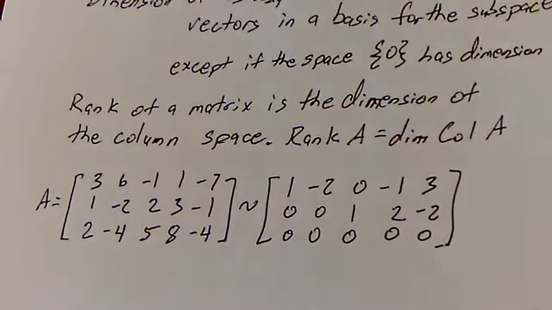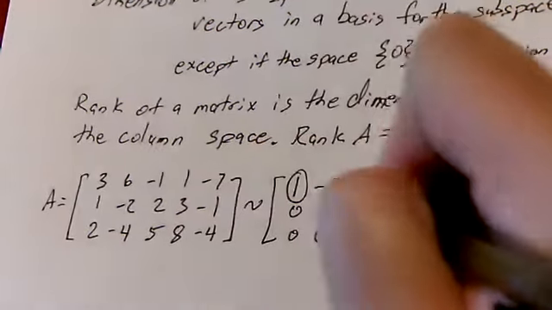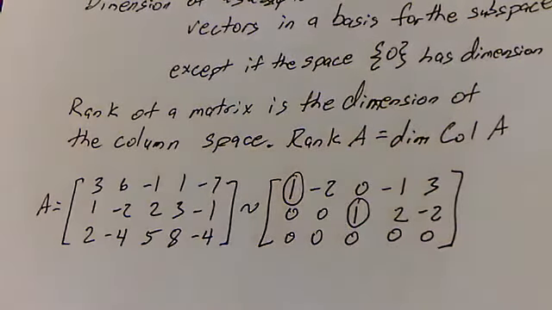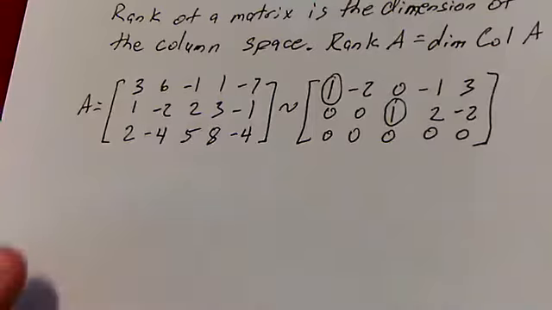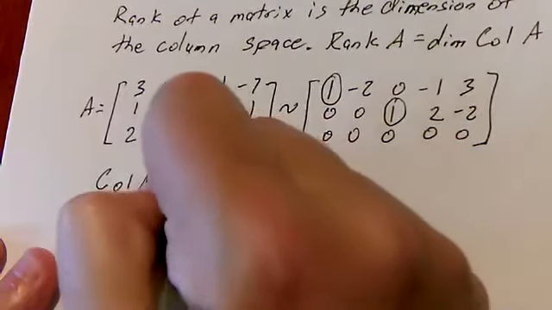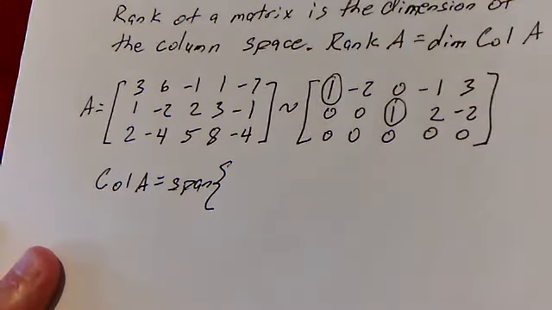So I have this matrix and its reduced form. Now remember what we learned about column space: it's all the linear combinations of the columns. So I need to identify which columns are independent. In this case, that's where the pivots are. I have pivots in the first and third columns. That means col A is equal to the span of the corresponding vectors.